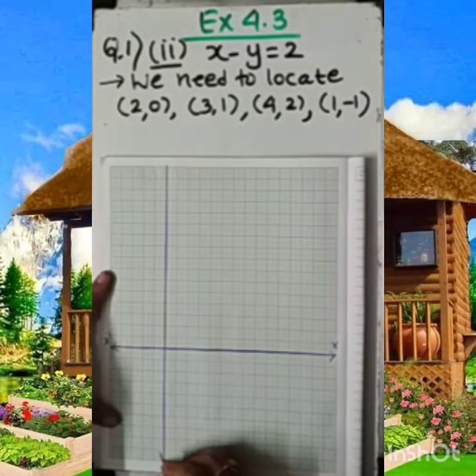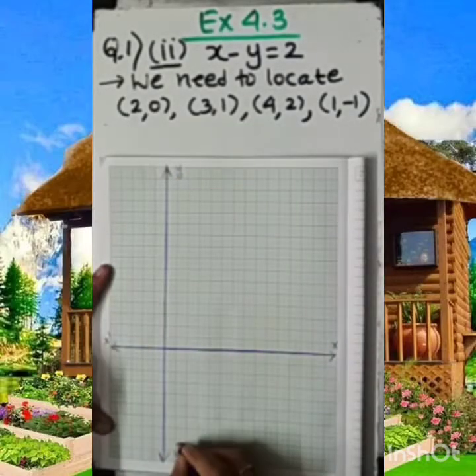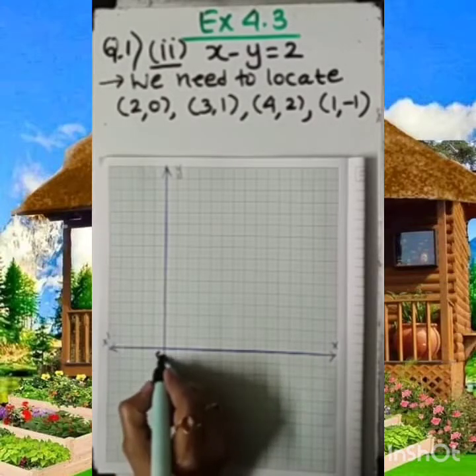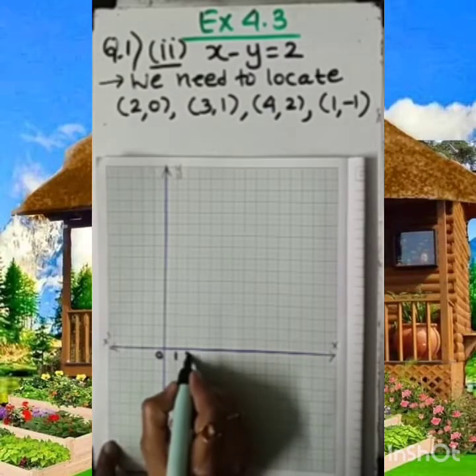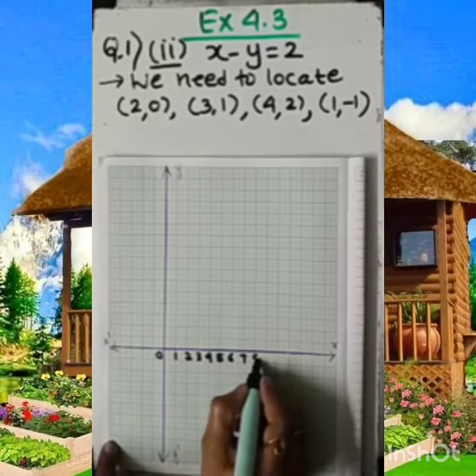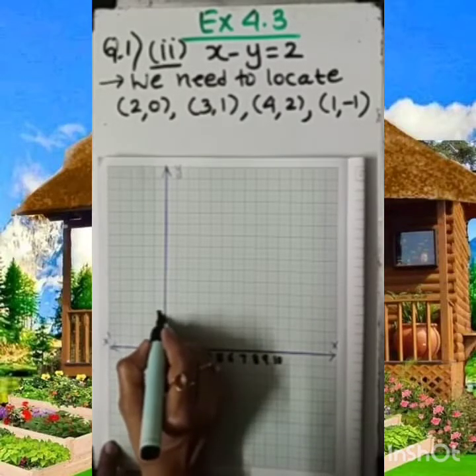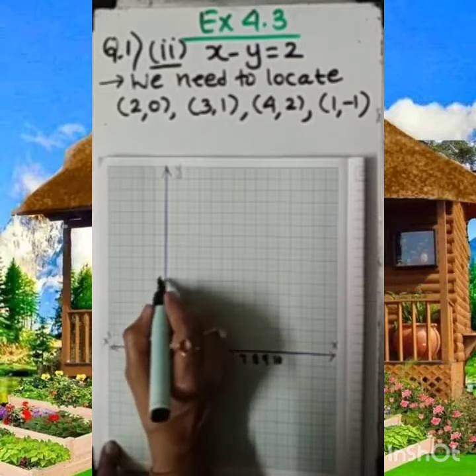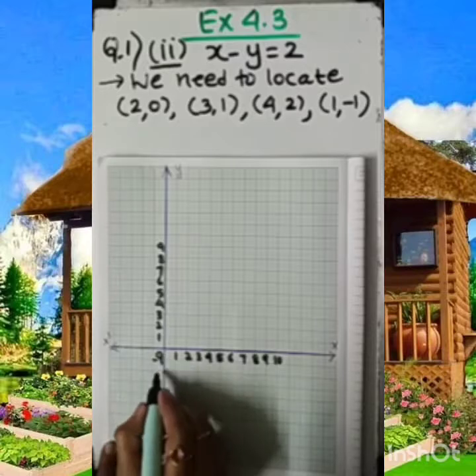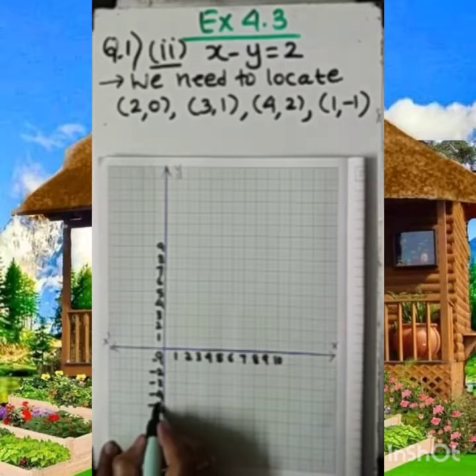I am calling this vertical line the y-axis. Immediately after that I need to say this is the origin. Now I am mentioning a few points over here, leaving one block. This is 1, 2, 3, 4, all positive, and below the x-axis it is minus. So I'm mentioning a few negative points here.